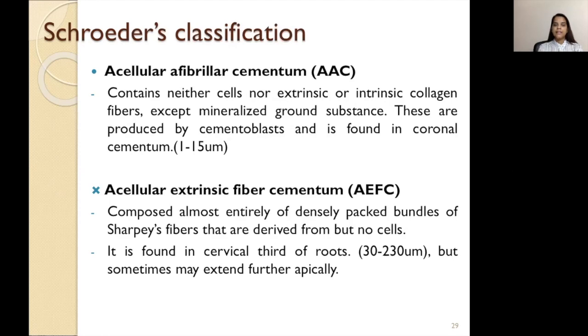Then second is acellular extrinsic fiber cementum, AEFC. It is composed almost entirely of densely packed bundles of Sharpey's fibers that are derived from fibroblasts, but has no cells. It is found in the cervical third of roots, but sometimes may extend further apically.